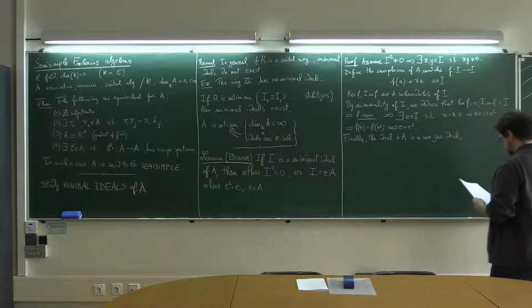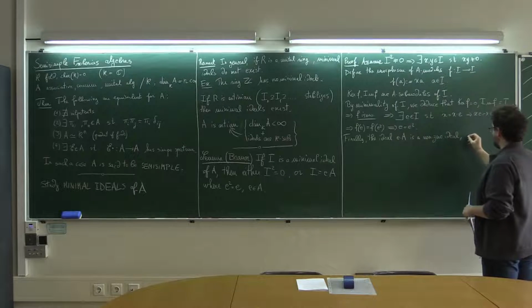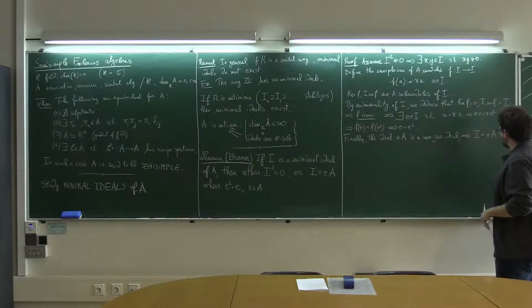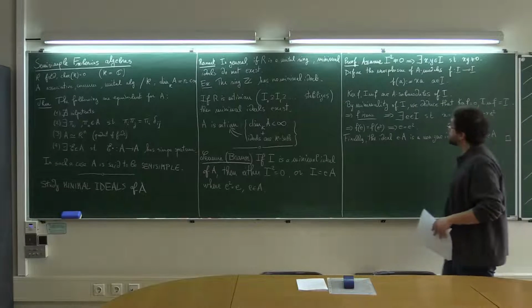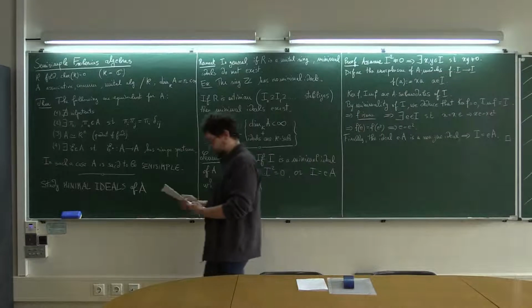And again, by minimality of I, we deduce that I equals e times A. And this completes the proof of Brauer's lemma.